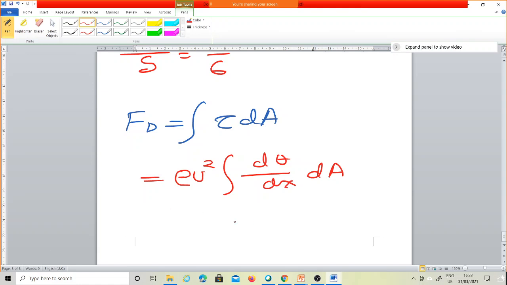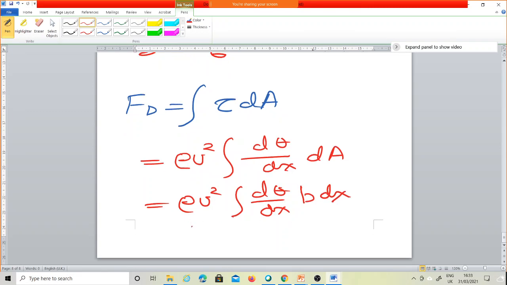So this one we can simplify like before. If you remember, this is nothing but d theta/dx, and instead of writing dA we can write b dx. Okay, so in this case we will have rho u square b, and then dx will be cancelled out, same like before. So what we will have is theta L, right?